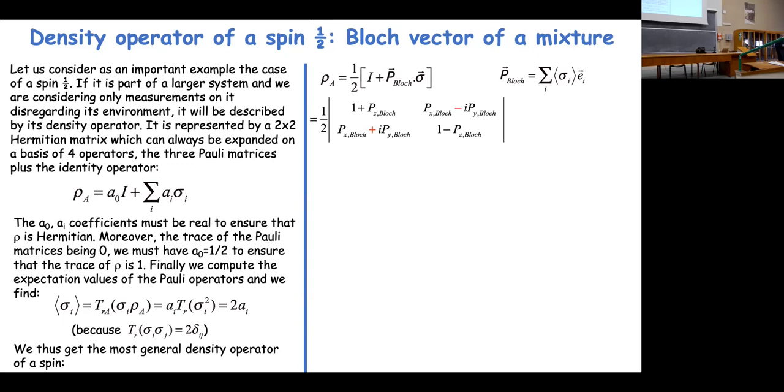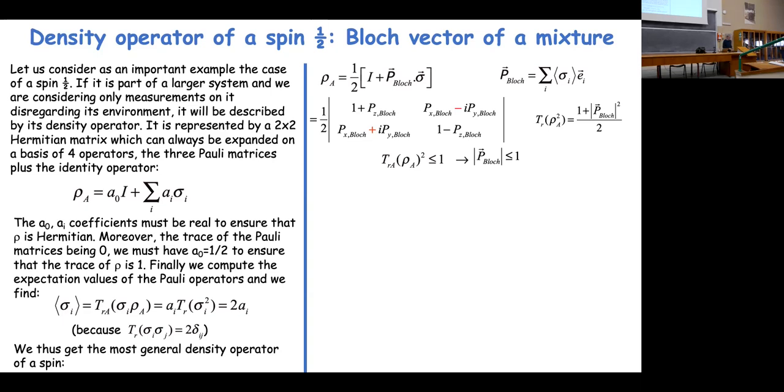If I want to write it as a 2x2 matrix, I get what I have here. So I made a mistake. There is a minus sign here and a plus sign here. You get this as a combination of Px, Py, and Pz as matrix elements of this density operator. Now I'll let you do as an exercise to compute rho squared and take the trace of rho squared.